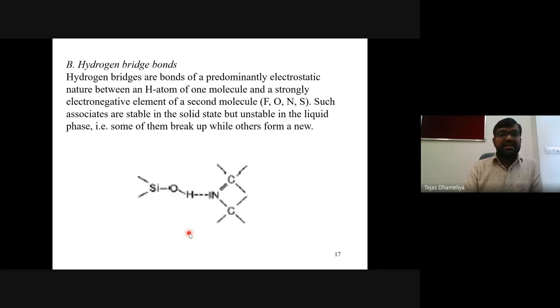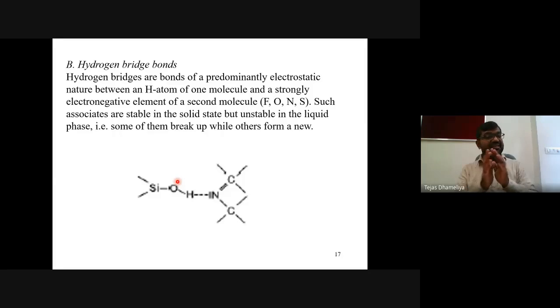Then another concern is called a hydrogen bond. A hydrogen bond is basically a kind of electrostatic interaction possible between hydrogen and an electronegative atom such as oxygen, chlorine or another halogen, or nitrogen, or even some other electronegative atoms.